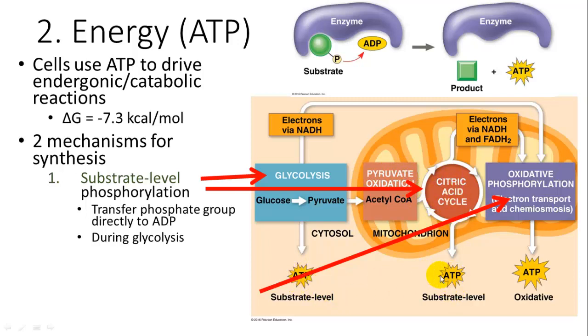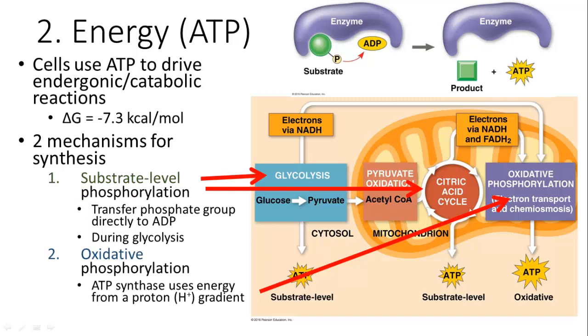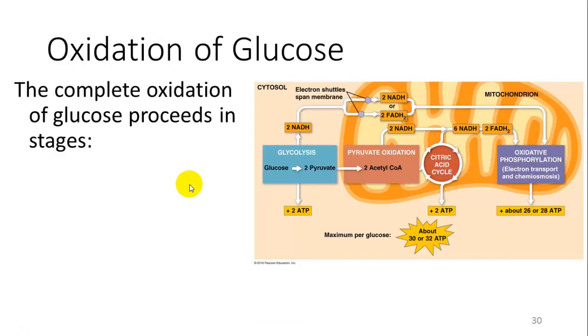And it makes some ATP, but not very much. Most of it, however, is done through a process called oxidative phosphorylation, which is the last little bit. So this is where we make the proton gradient. We pack a bunch of protons on one side of a membrane, and then as they diffuse through, we can use that energy of them diffusing through to make ATP. Again, we'll go over this in detail, starting with the oxidation of glucose.